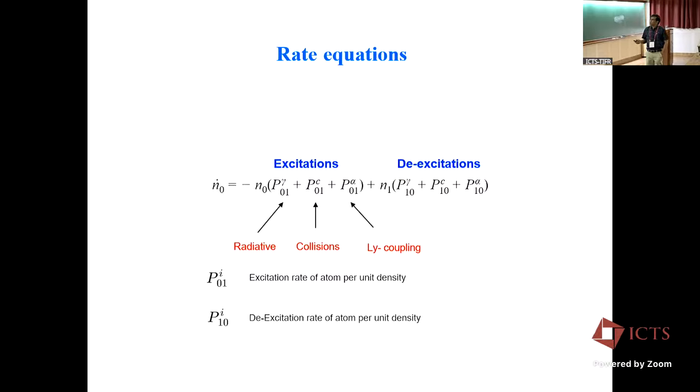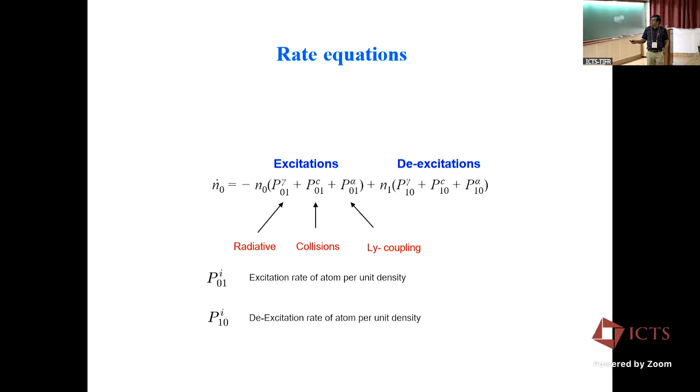Now, if we take the rate equation and consider all of the processes together, n dot is the rate of change of the number density of atoms in the ground state, and that is occurring due to these processes. You have this P01 gamma, that is the excitation rate of atoms due to the radiative transition, radiative excitation.